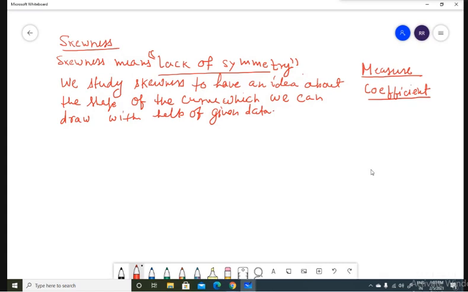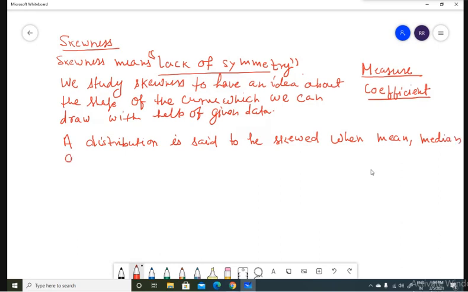a distribution is said to be skewed when mean, median, and mode fall at different points.